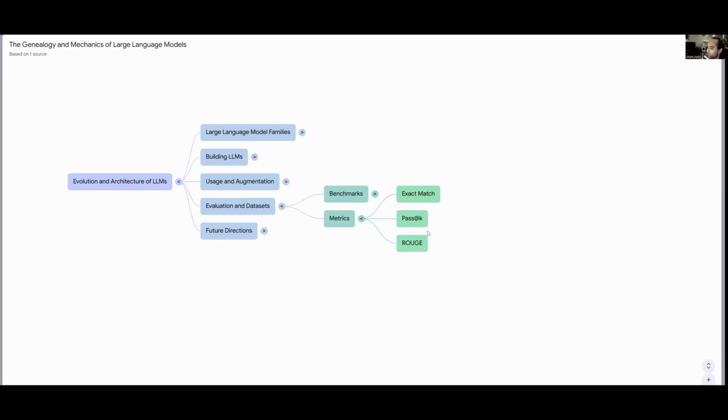Among them, we have the exact match. As its name indicates, it's actually used to evaluate strict accuracy. We have the pass@k metric, which measures the probability that at least one of the k generated answers is correct. Also, we have the Rouge metric, which is used for summarization and translation.